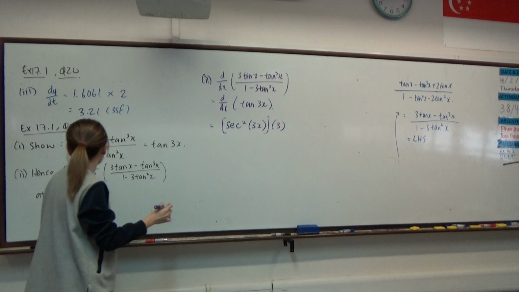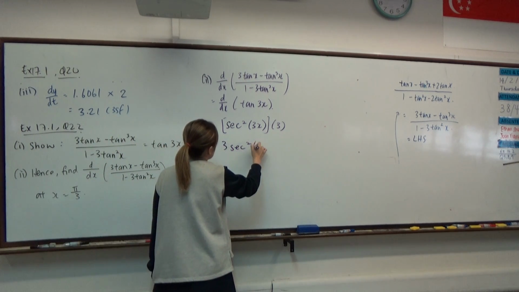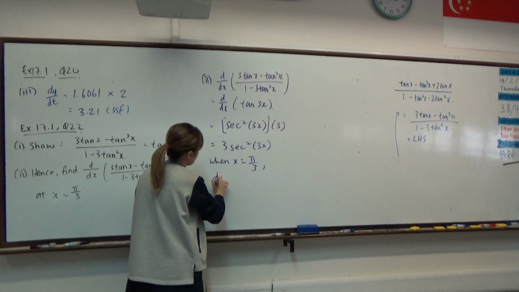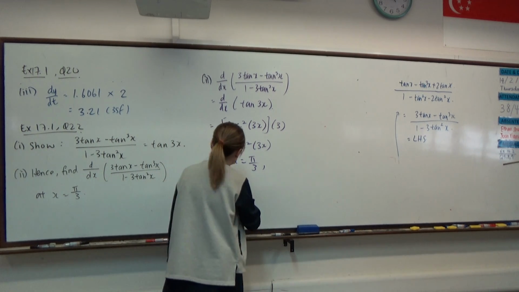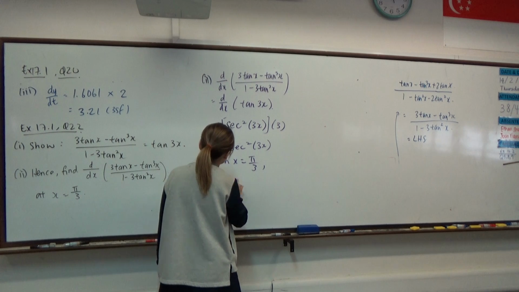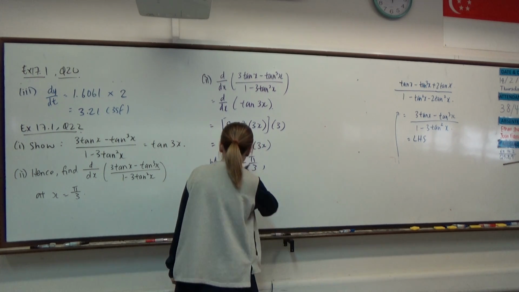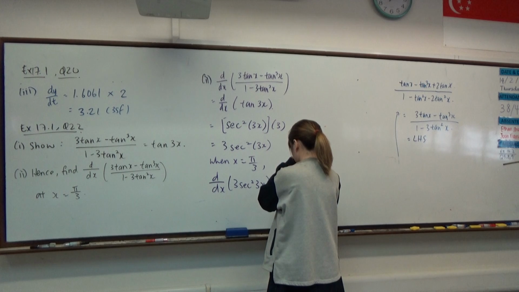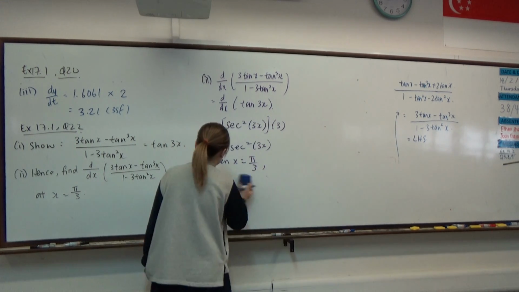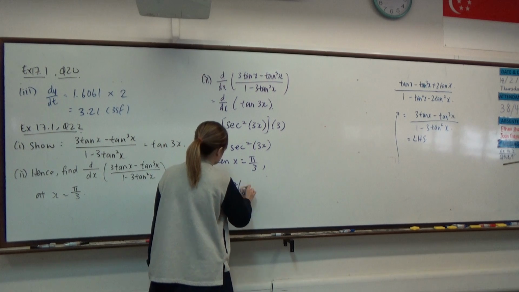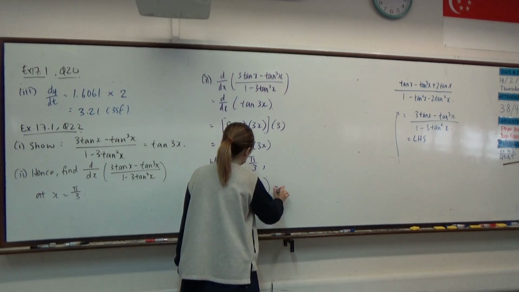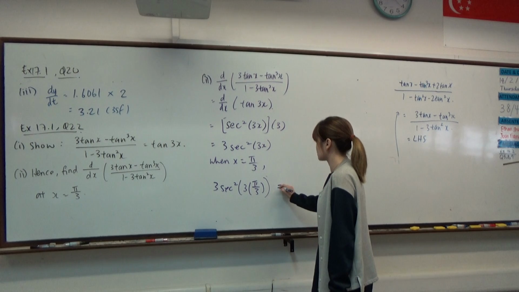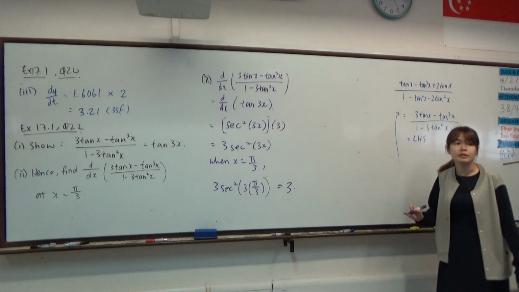Then when x is equal to pi over 3, your derivative will be equal to 3 over cosine square pi.